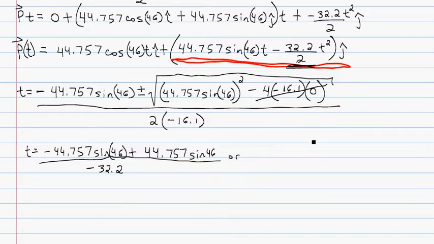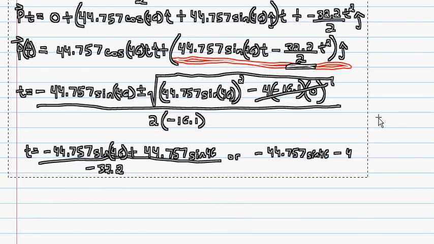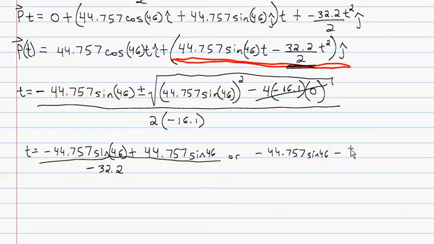Or negative 44.757 sine of 46 minus 44.757 sine of 46 divided by negative 32.2.